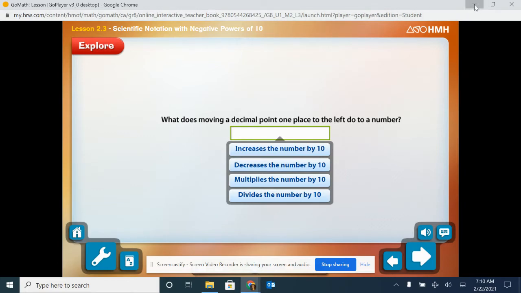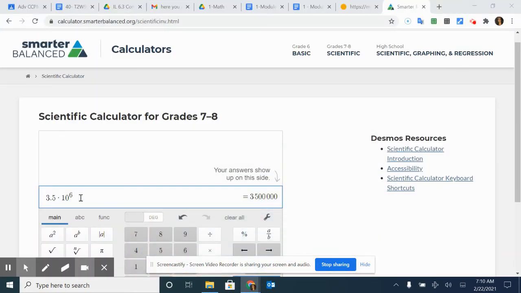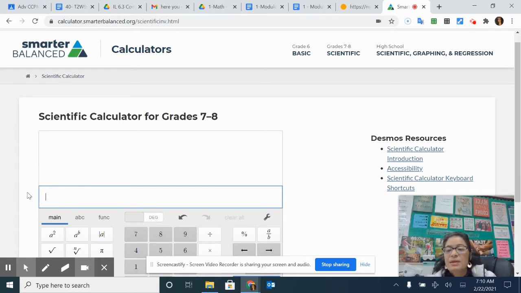Let's see. Let me show you my calculator. I'm just going to start with something easy. 2,300. Okay, like 2,300. And I'm just going to press enter.